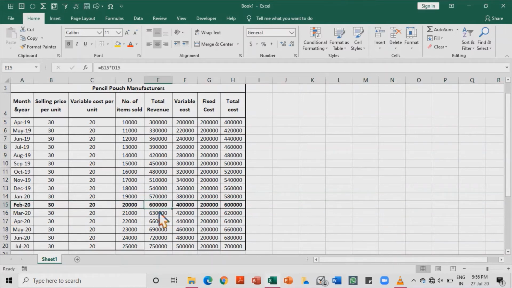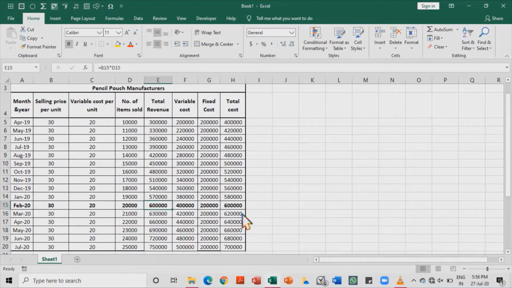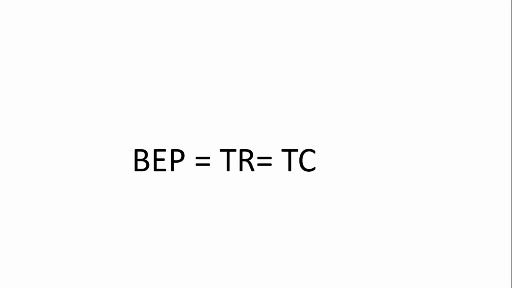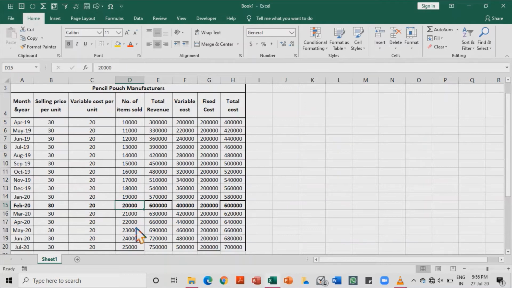Yeah, I reached the break-even point, where the total revenue and total cost are equal. At this point, the firm has sold 20,000 pencil pouches, and that's why it's breaking even. When it has sold less than that, 19,000, it suffered a loss. And when it sells more than that, 21,000, 22,000, it gains profit. That's the importance of the break-even point. When we sell more than the break-even point, we gain profit. That's why we are calculating that.